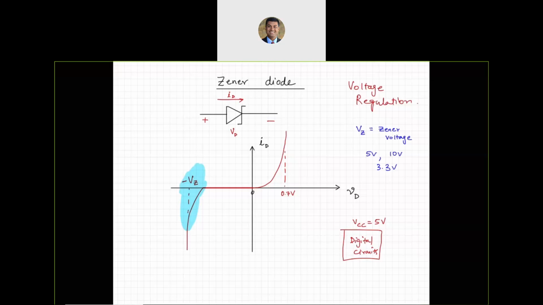Now, you might say, I have the same thing happening on the positive side with 0.7. Why can't I just use the forward biased region to do the voltage regulation for me? And the answer to that is, I don't think there are many people interested in 0.7 volts to be regulated. And if you were trying to do this with 2 diodes or 3 diodes, you would get a multiple of 0.7 as your regulated voltage, which is limiting to the user.